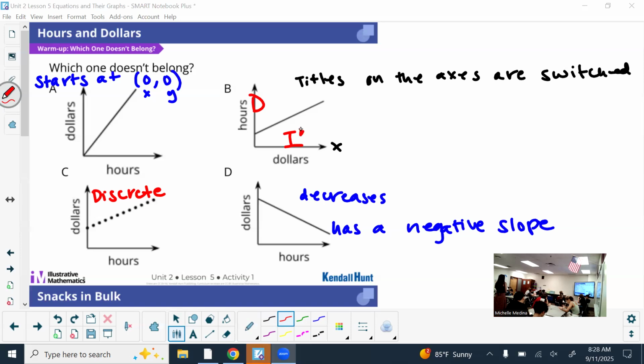I being for independent. Technically, you can make an I with the y-axis too, but you can only make a D with the y-axis, so that's why this works. The y is always what's dependent on the x. So for whatever the situation is, the hours depends on the dollars.